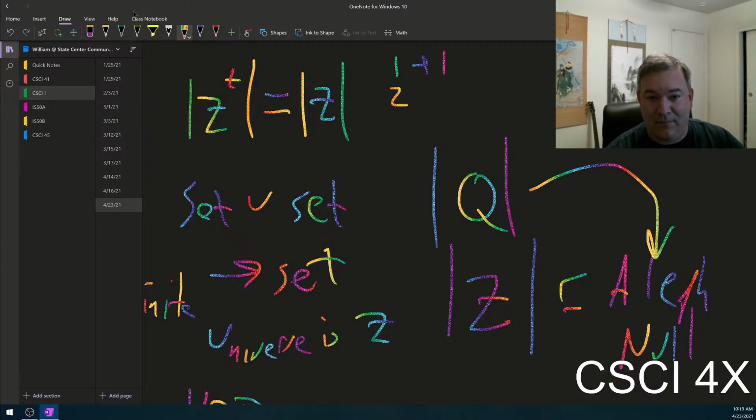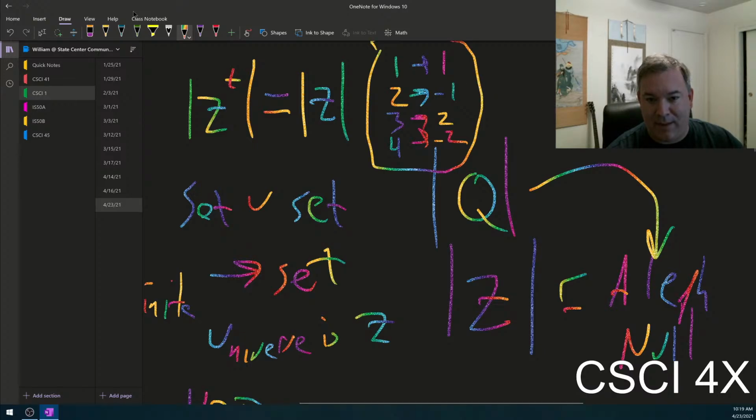1 can be paired with 1, 2 can be paired with -1, 3 can be paired with 2, 4 can be paired with -2. Because you can create a one-to-one and onto mapping between positive integers and all integers, they're exactly the same size. If you can create a one-to-one and onto mapping from one element of one set to one element of the other set, they're the same size.